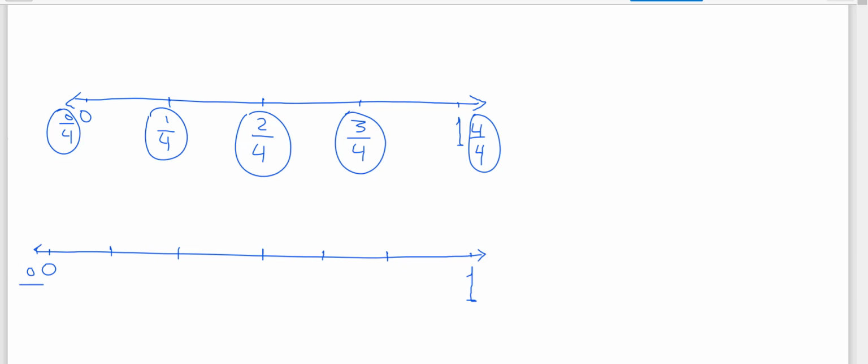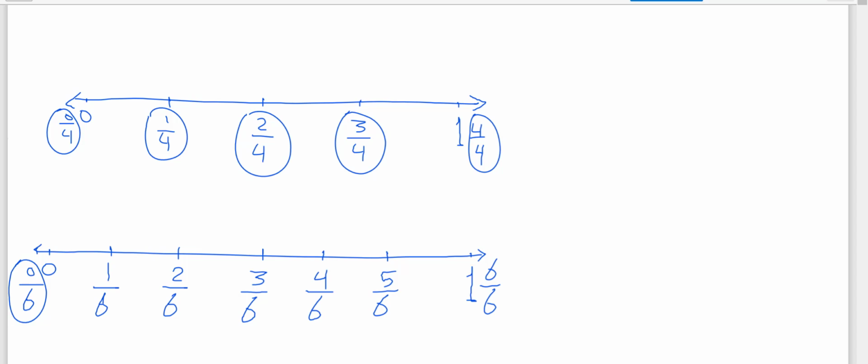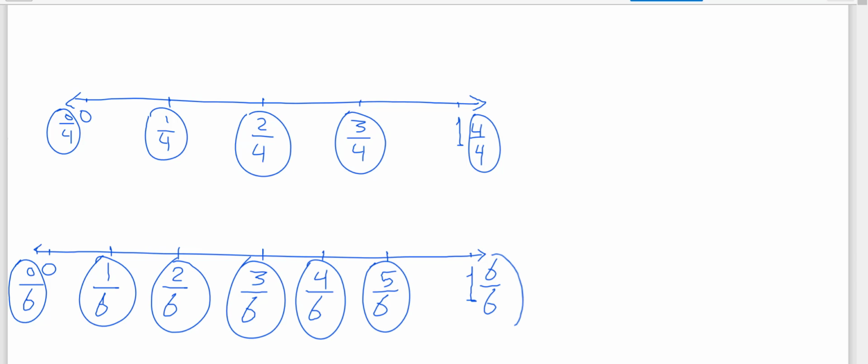We start 0 sixths, 1 sixth, 2 sixths, 3 sixths, 4 sixths, 5 sixths, and 6 sixths. When we count this fraction from 0 to 1: 0 sixths, 1 sixth, 2 sixths, 3 sixths, 4 sixths, 5 sixths, 6 sixths.